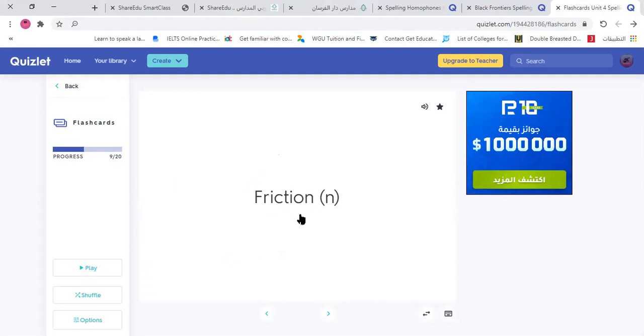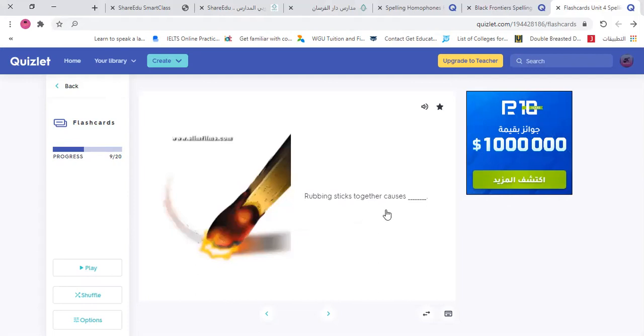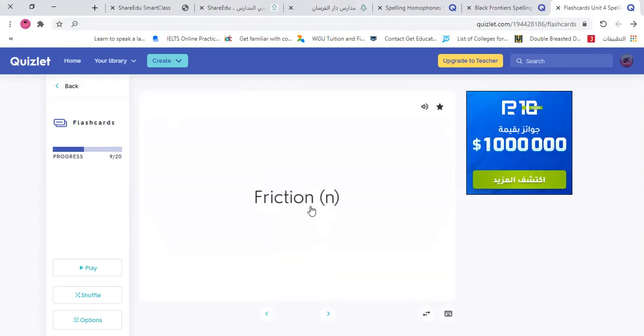Friction. You have it in math. Rubbing sticks together causes friction. From that photo, what does it mean, friction?